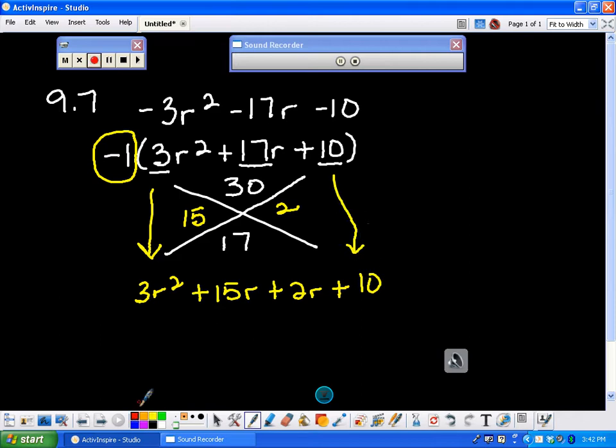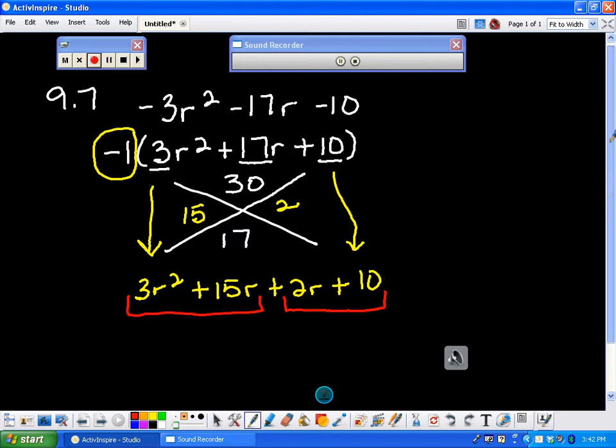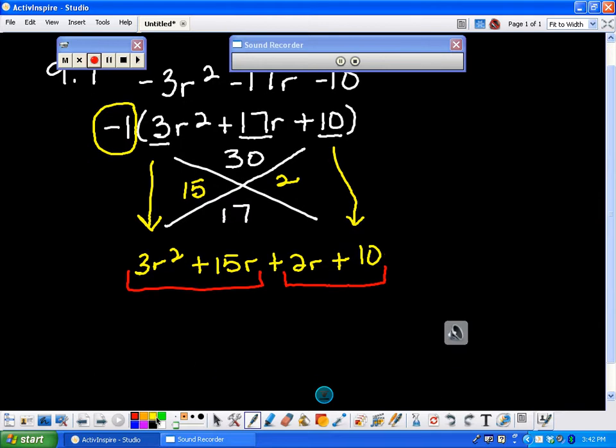Now, I'm going to take these two and these two, and I'm going to factor those. So let's bring down our screen just a little bit. Okay, if I take 3r out of both of these, I have r plus 5.